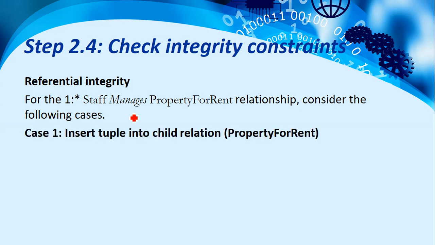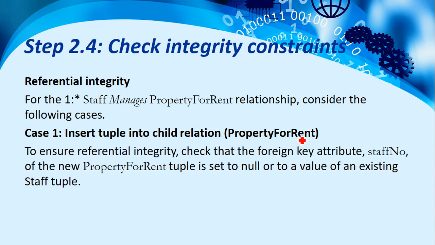First case, insert a tuple or row into a child relation, sa property for rent. To ensure referential integrity, we just check that the foreign key attribute staff number of the new property for rent tuple, kasi nag-insert tayo ng panibagong property for rent, is set to null or to a value of an existing staff tuple.